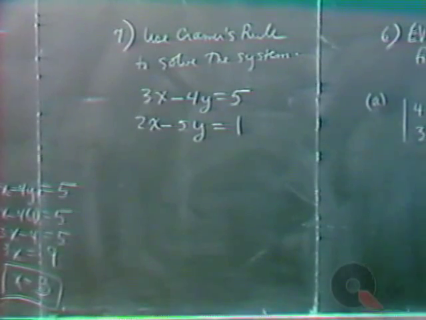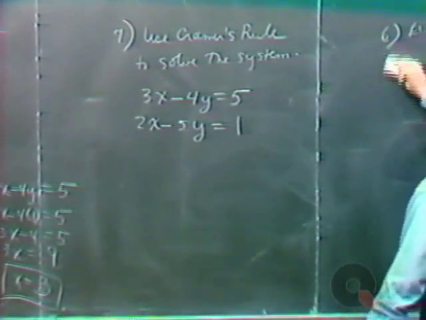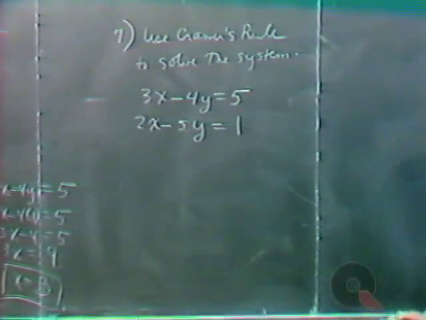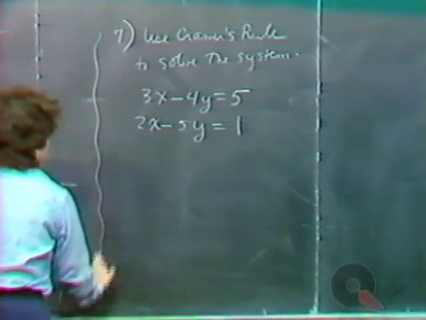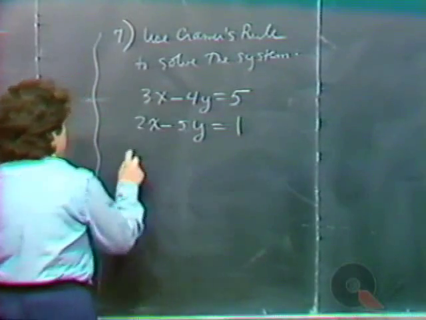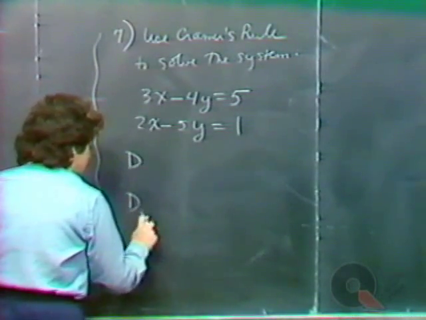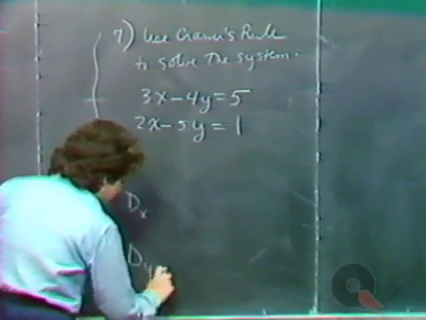In order to solve a 2 by 2 system of equations by Cramer's rule like this, we have to first calculate 3 determinants: D, D sub x, and D sub y.